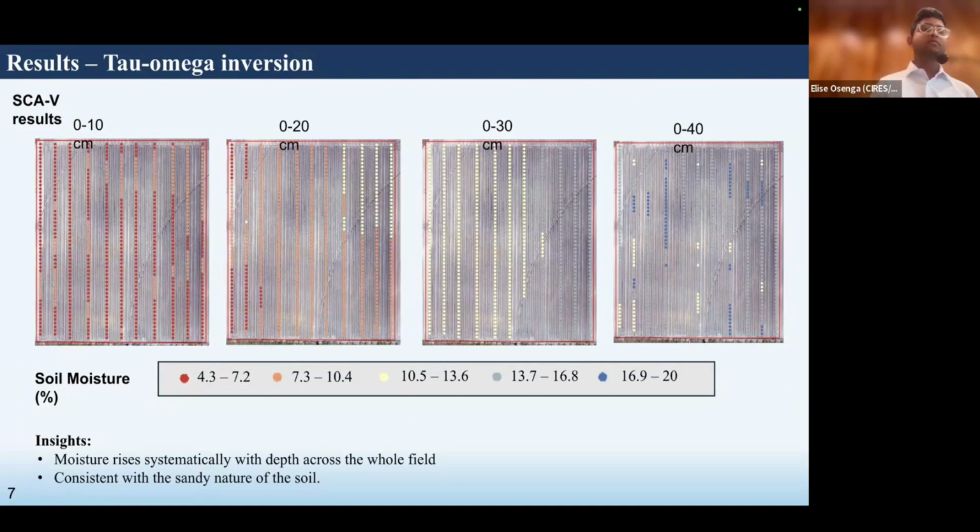This is at 1 pixel. So this is not at pixel level, this is point scale data, but we have tried to change the flight planning so that we can have more dense lines and generate a finer soil moisture product. Each point gap is 1 meter here.